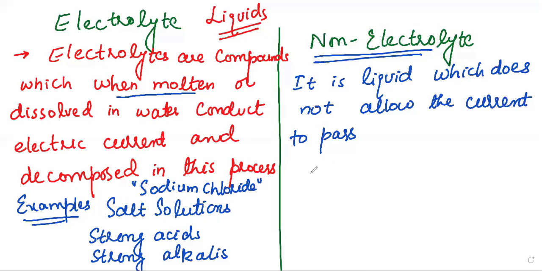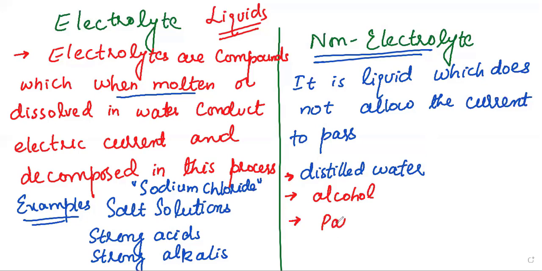The examples of non-electrolytes are distilled water. Distilled water is a type of water which does not contain any ions. Then alcohol is another example, then paraffin, and organic solvents such as ethanol, and sugar solution.